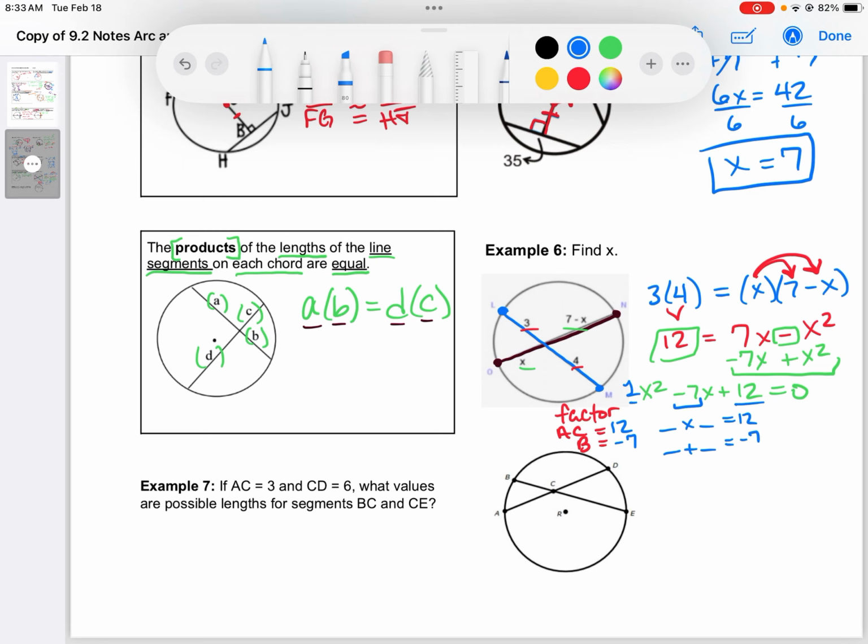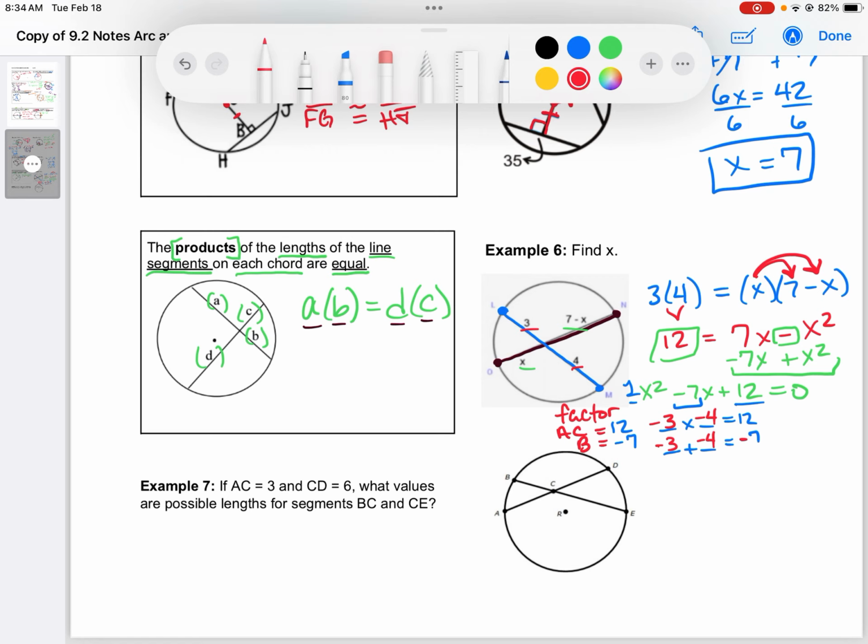And so I've got some clues here. First thing is that my product is positive, but my addition is negative. See that? So that means both my numbers are actually going to be negative. And 2 negatives multiplied to give me a positive, and then they're going to add together to give me a more negative number. So I've got negative 3, negative 4, and when I add those together, I get -7.